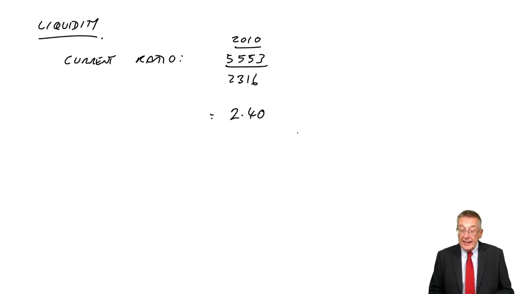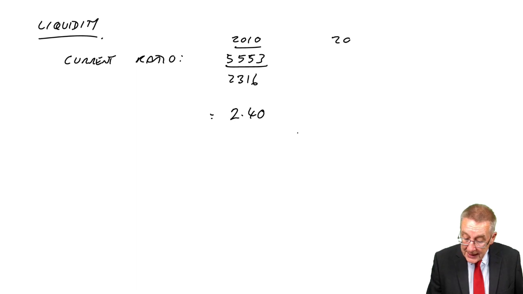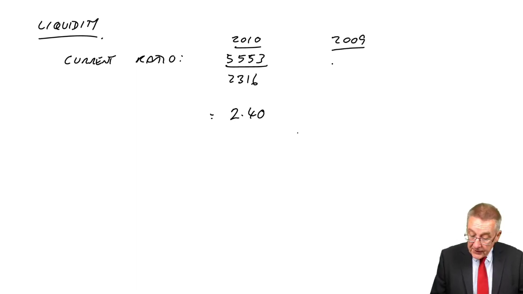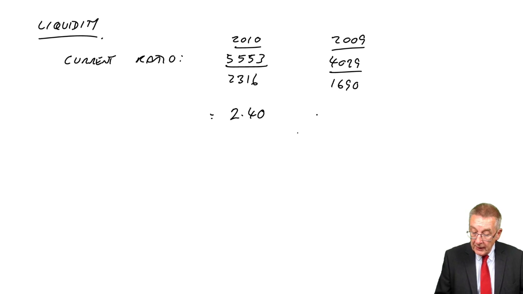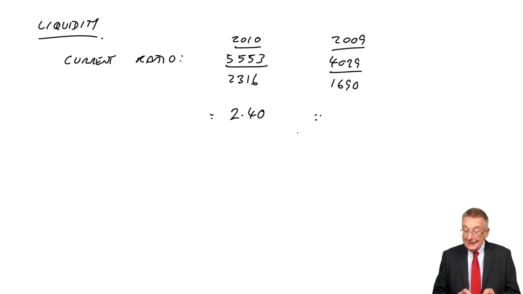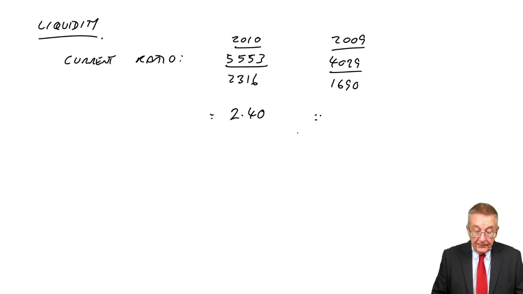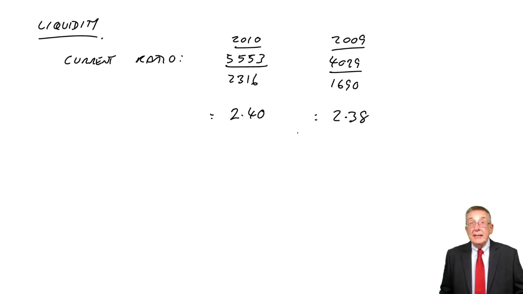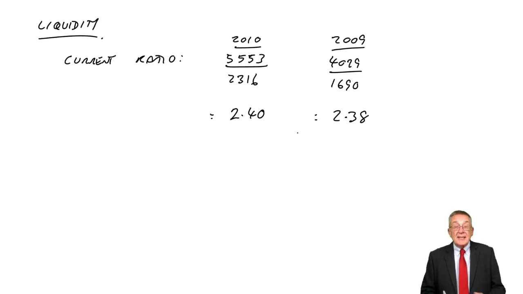I'll interpret it in a minute, but in 2009, the arithmetic, it was 4029 current assets divided by the current liabilities 1690. The ratio was 4029 divided by 1690, 2.38.